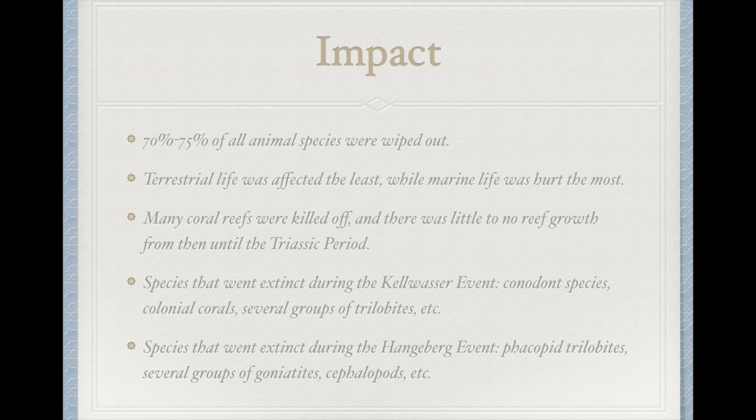So we'll move on to the impact of these things that we've discussed. The anoxia in the oceans and the lowered CO2 levels leading to glaciation. And in addition to these things, the many other things which I haven't covered.